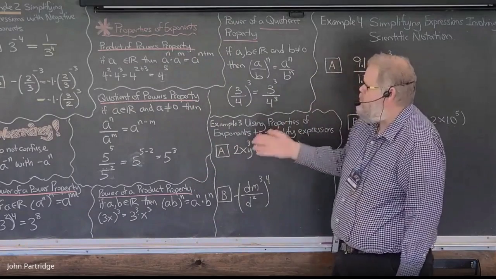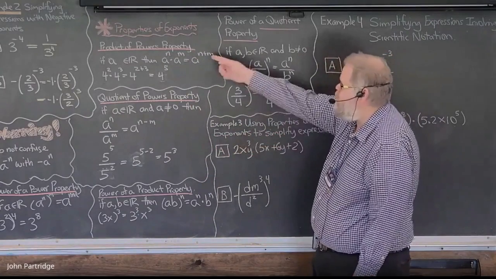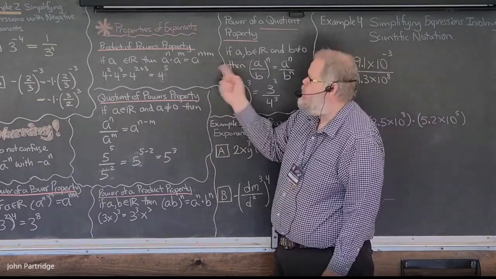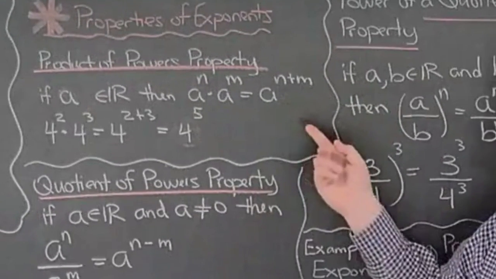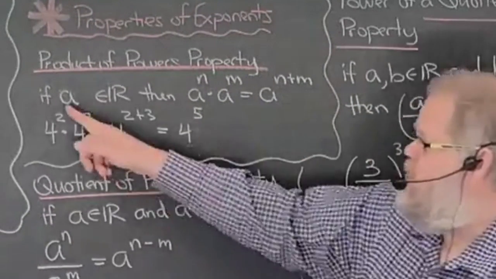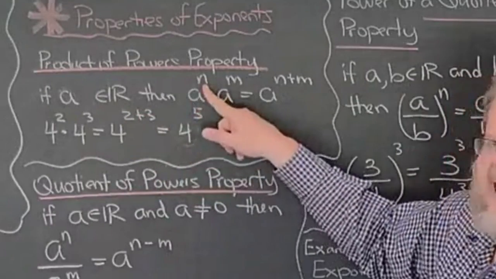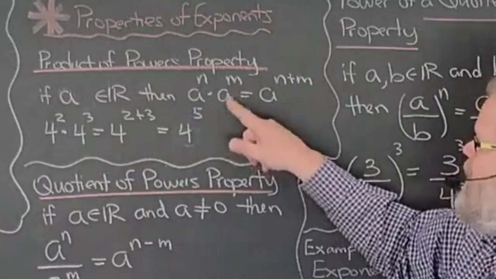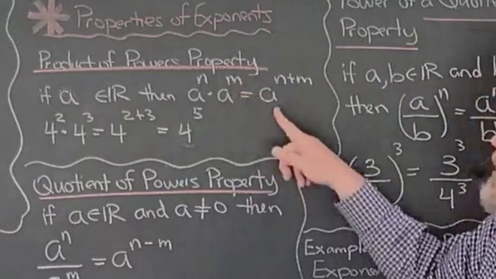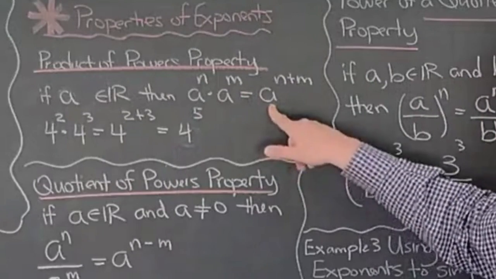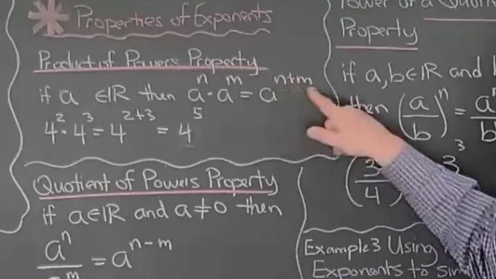So let's go through them one at a time. Here's the first one. It's called the product of powers property. Here's what it says. If a is a real number, then a to the power n times a to the power m is the same value as a to the power of n plus m.